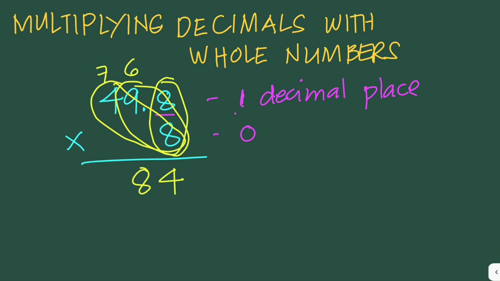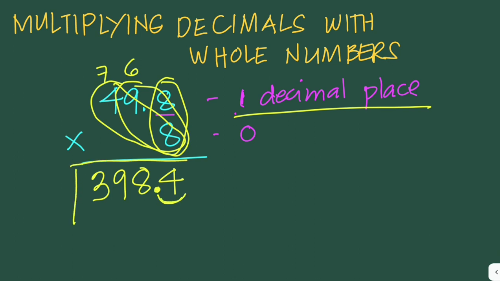Then 32 plus 7, that is 39. Since we have a total of 1 decimal place, then we put our decimal point here. Okay, one decimal place. So our answer is 398.4. 49.8 times 8 is just equivalent to 398.4.